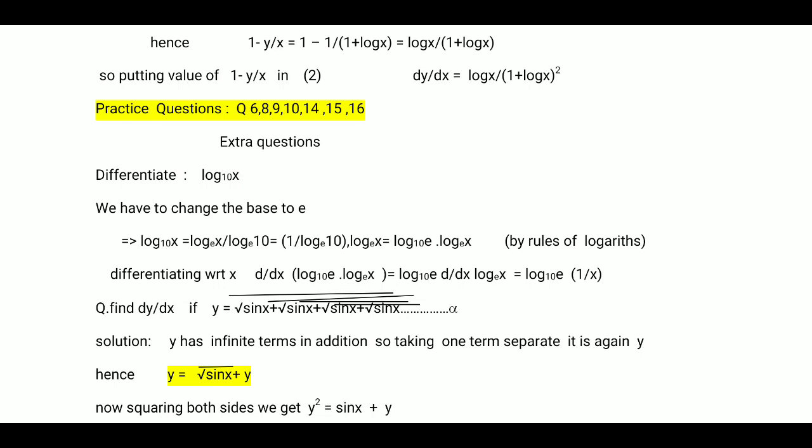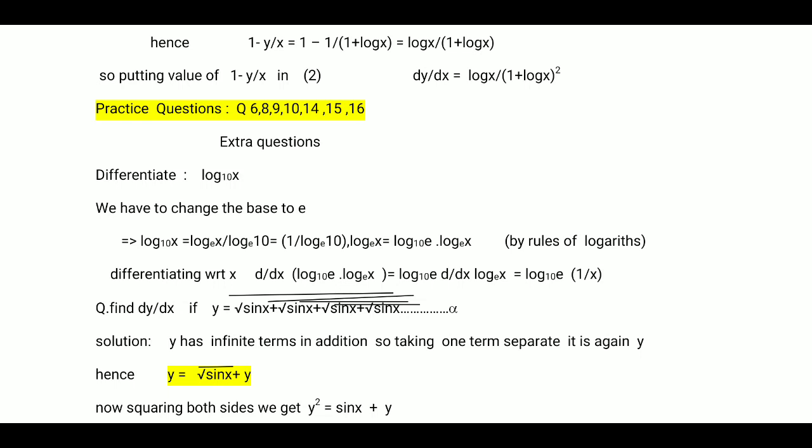Now there is a rule of log: 1 upon log a base b is equal to log b base a. We can interchange the bases, and it becomes the function's inverse. So 1 upon log 10 base e will become log e base 10, the base and number interchanged, into log x base e.